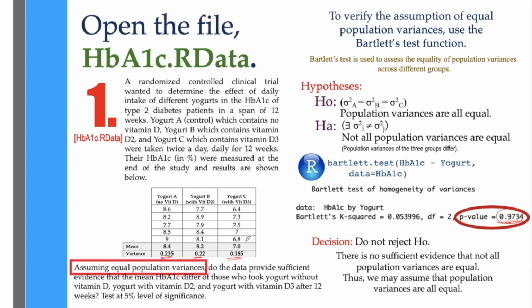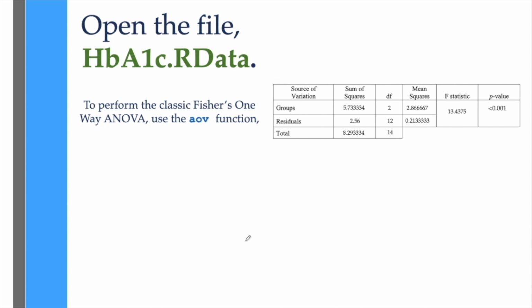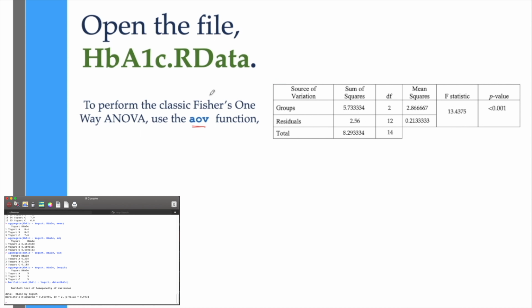So if the population variances may be assumed to be equal, and since we have three groups here, then we must use the classic Fisher's ANOVA. So to perform the classic Fisher's one-way ANOVA, we just simply have to make use of the aov function. So we just have to replace the bartlett.test function with aov.